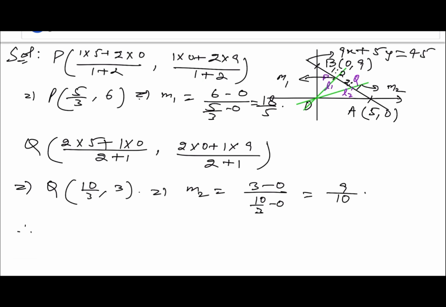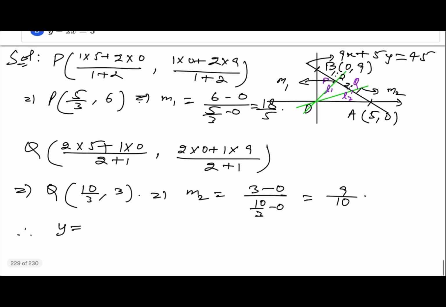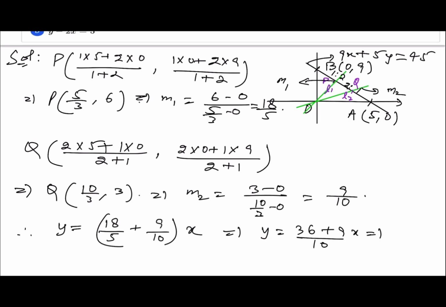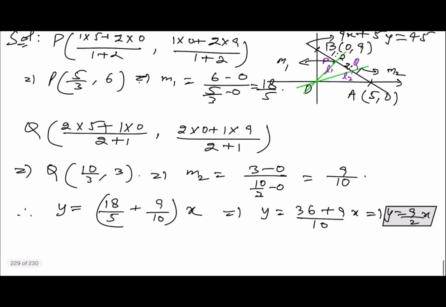So the line becomes y is equal to (18 by 5 plus 9 by 10) times x. So y is equal to (36 plus 9) by 10 times x. So y is equal to 9 by 2 x. You can see that y is equal to 9 by 2 x means it is passing through the origin.